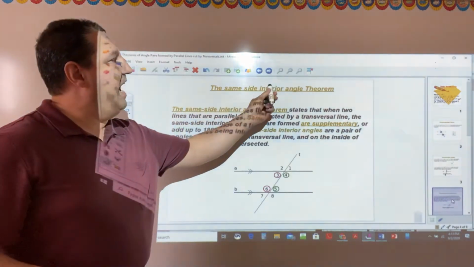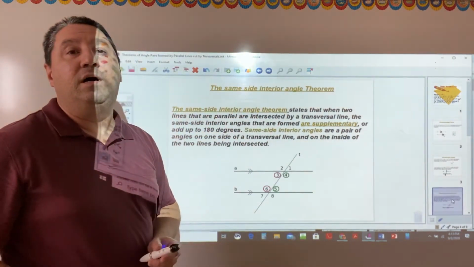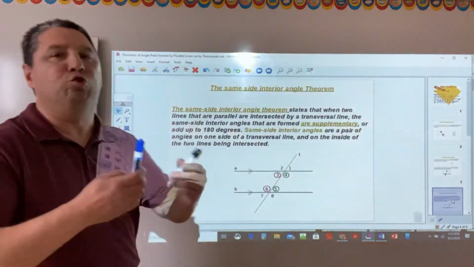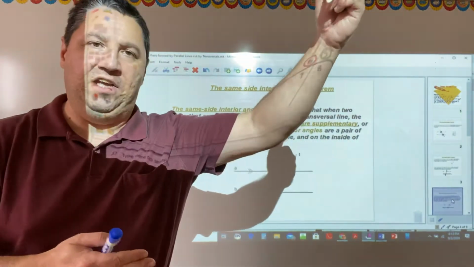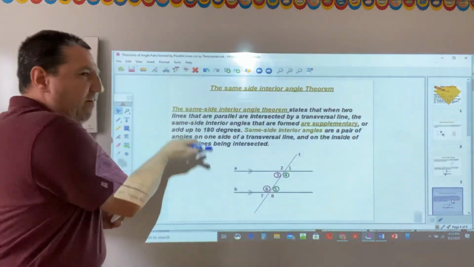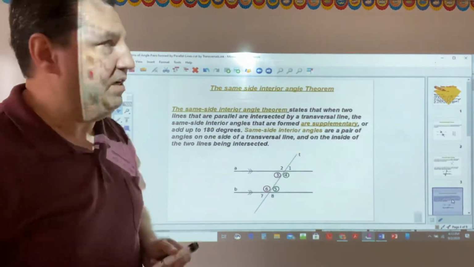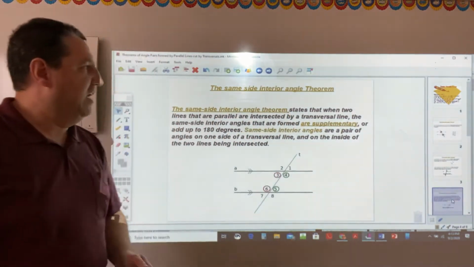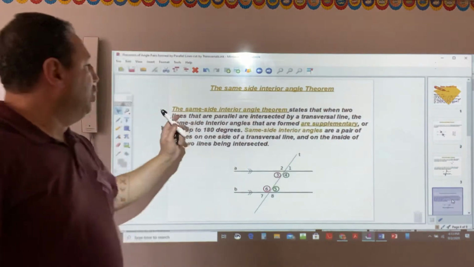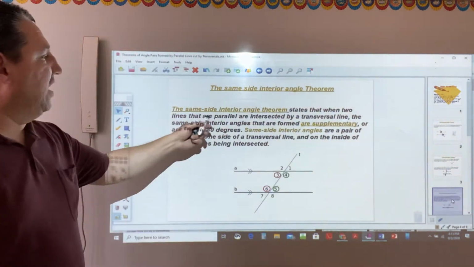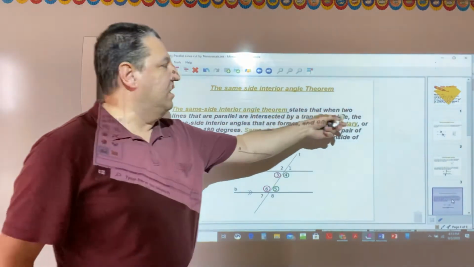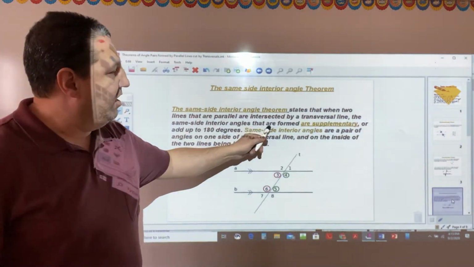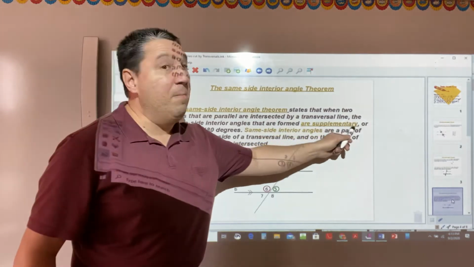The same side angles theorem. Because we have two types of same side, interior and exterior, we're going to have two theorems. First, the same side interior angles theorem states that when two parallel lines are intersected by a transversal line, the same side interior angles that are formed are supplementary.